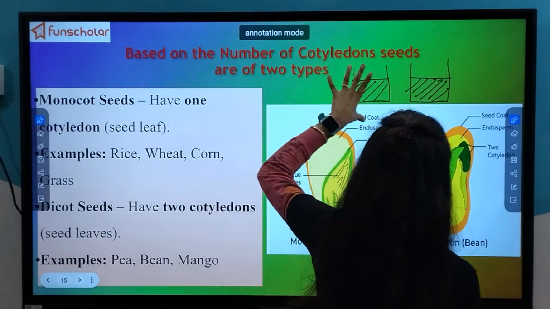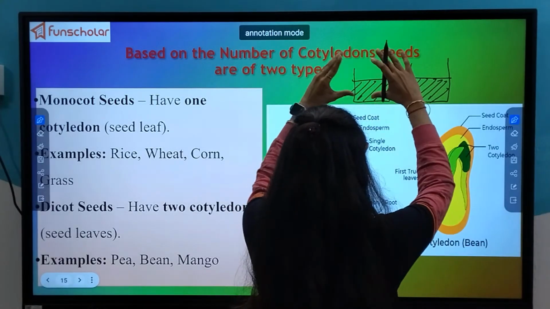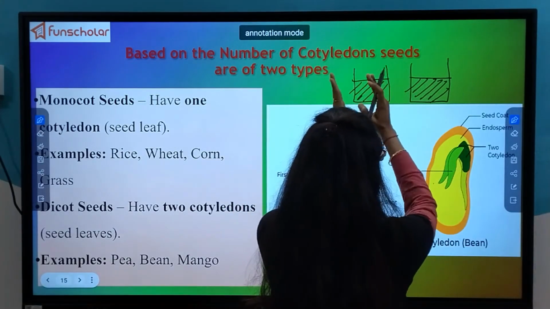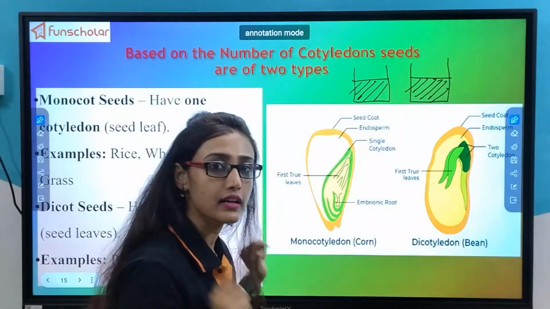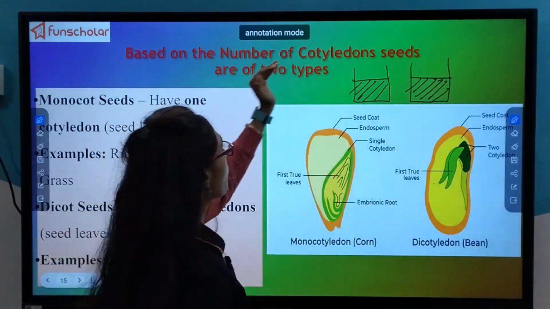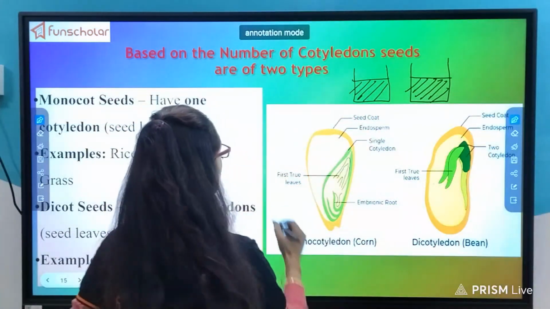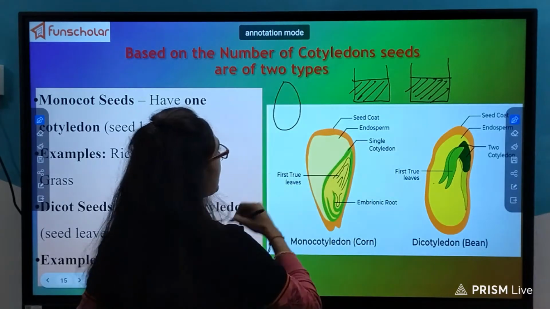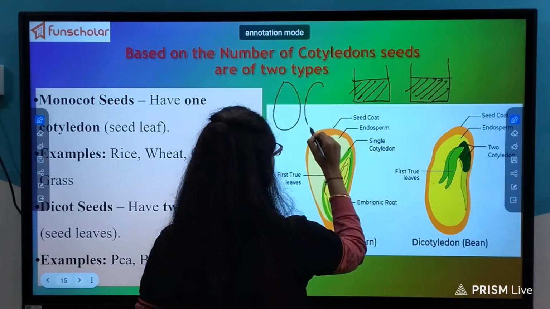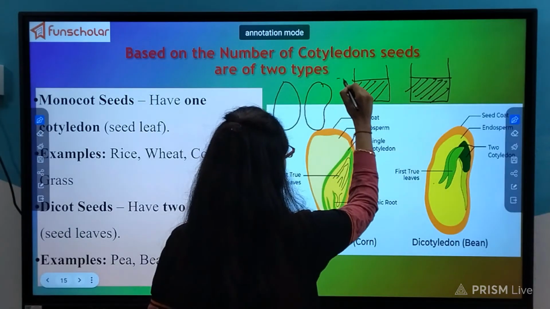So the amount of food, in comparison to one container, two containers contain more food than one container. Similarly, cotyledons are of two types. One contains only one cotyledon and another contains two cotyledons.